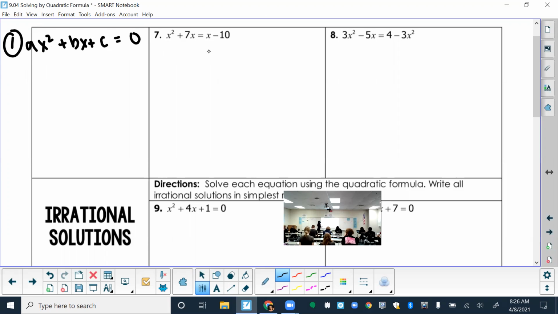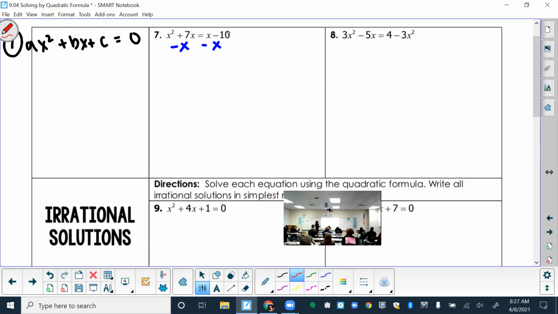is rearrange it, and now there are 2 things that we actually have to move. So we'll do it one at a time. Let's start with moving the X. How can I move it if it's positive over here? Subtract it. Because that's how we get them to cancel out, right? X minus X would give me 0, which is what I want. And then whatever I do on one side, I have to do to the other.